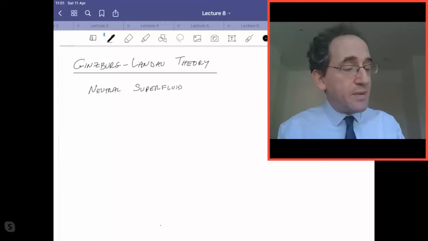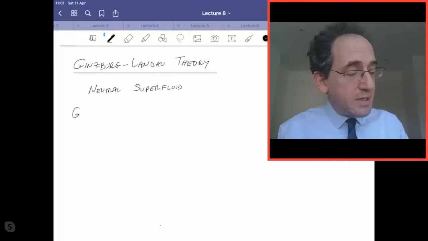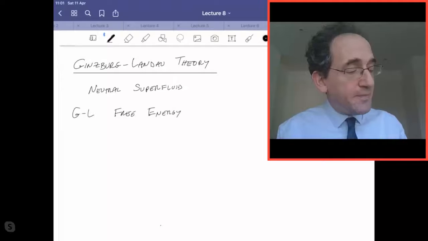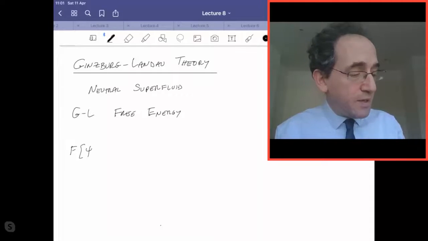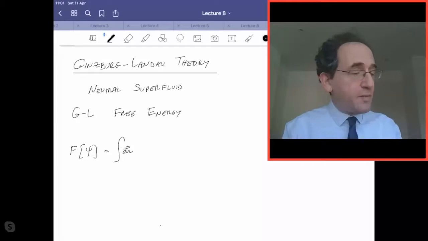And we'll write down the Ginzburg-Landau free energy, GL free energy, which is exactly the form of the Gross-Pitaevskii equation that we derived earlier. So it's an integral over all space.